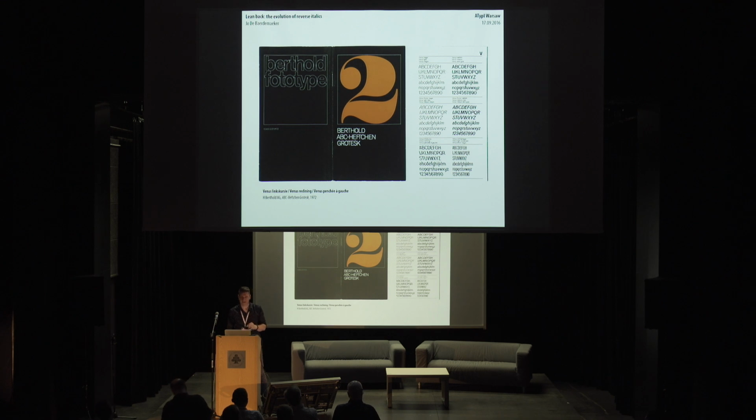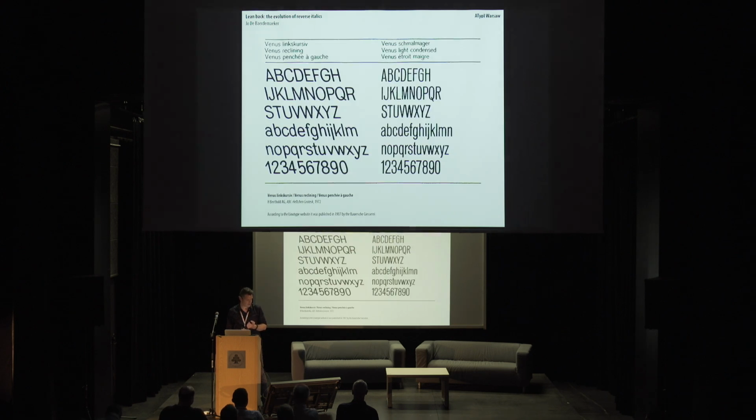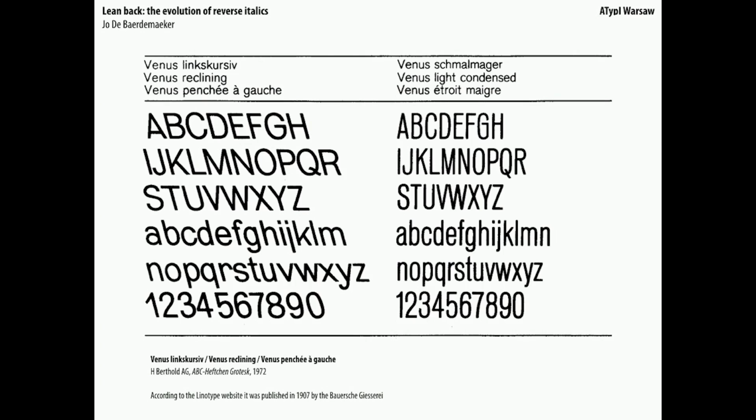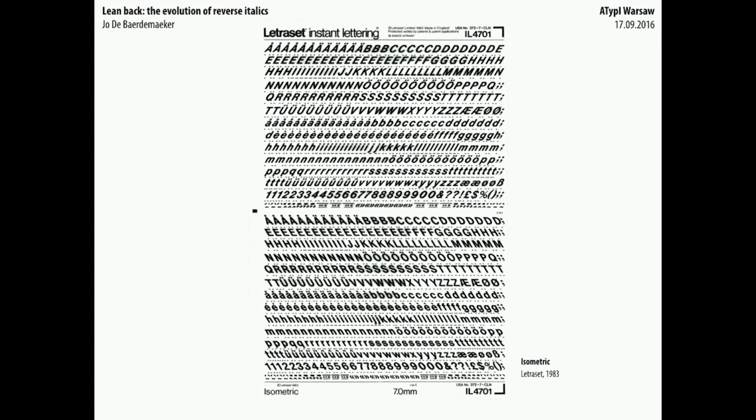One of the only sans serif typefaces that I found as a reverse italic is one of the styles from Venus, from Berthold Phototype. And it's Venus links cursive, or Venus reclining, or Venus penchée à gauche. That's one of the only sans serif text faces that I could retrieve. But also Letraset, the transfer type, offers a style, so it was in use, so it was really popular as well.